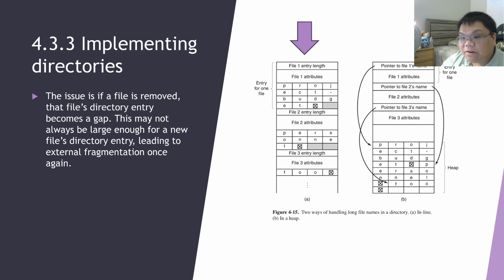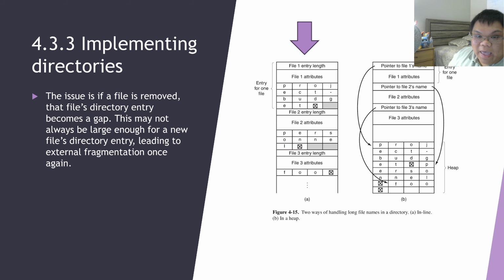The issue here is this. If we remove a file, that results in a gap in the directory, and the problem is that gap may not always be the right size to store another file, because all of these directory entries are different sizes.